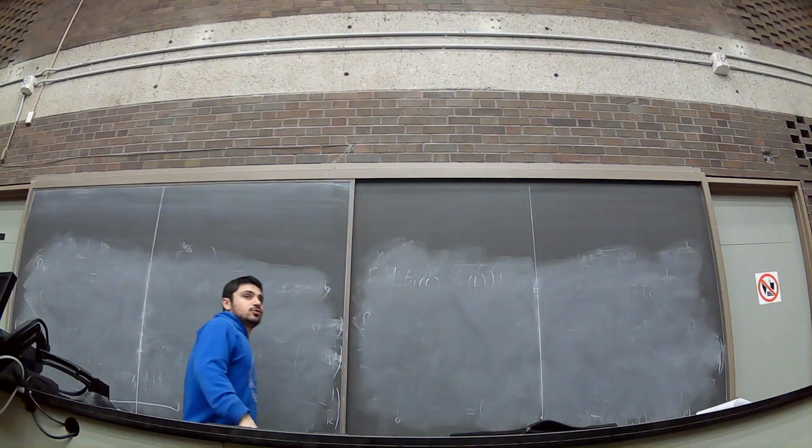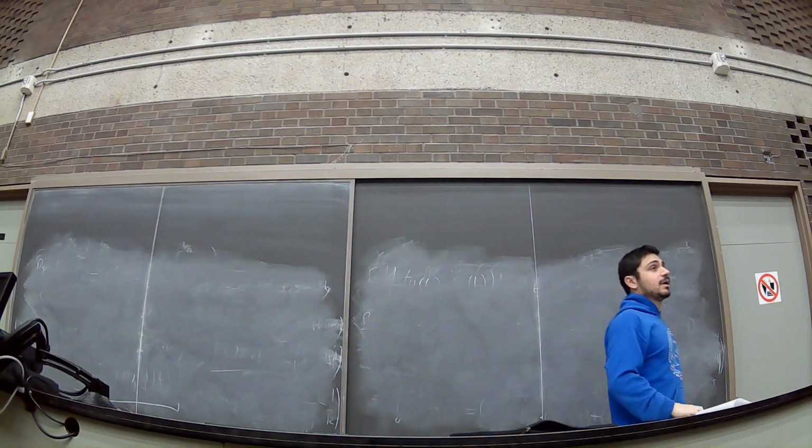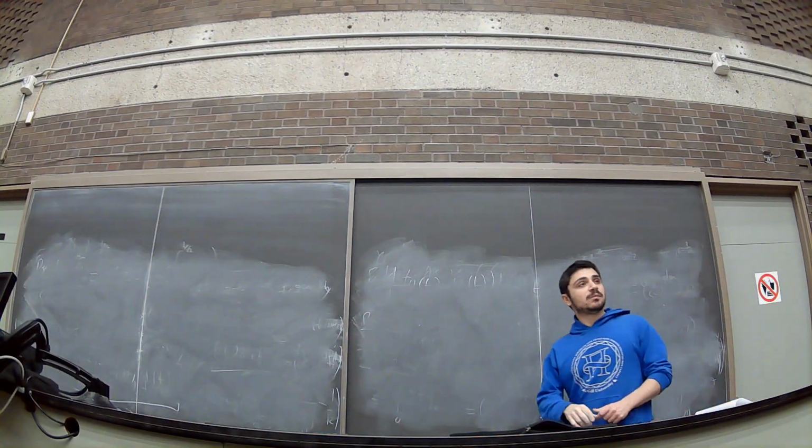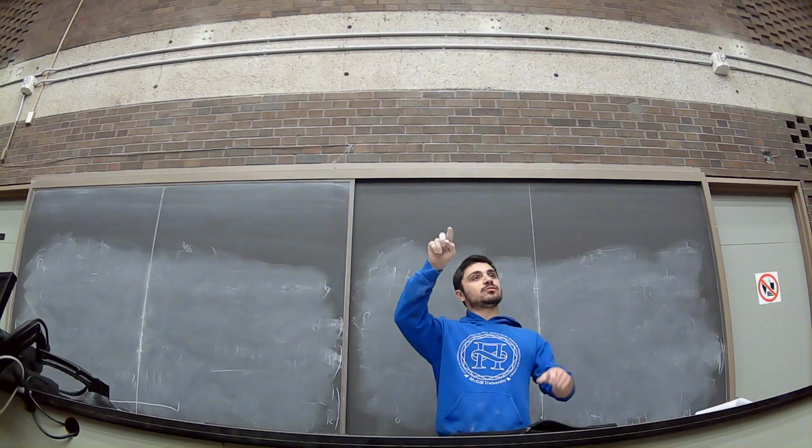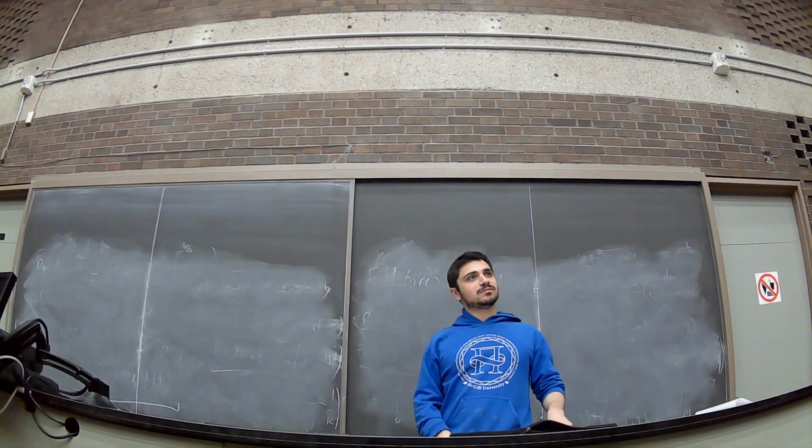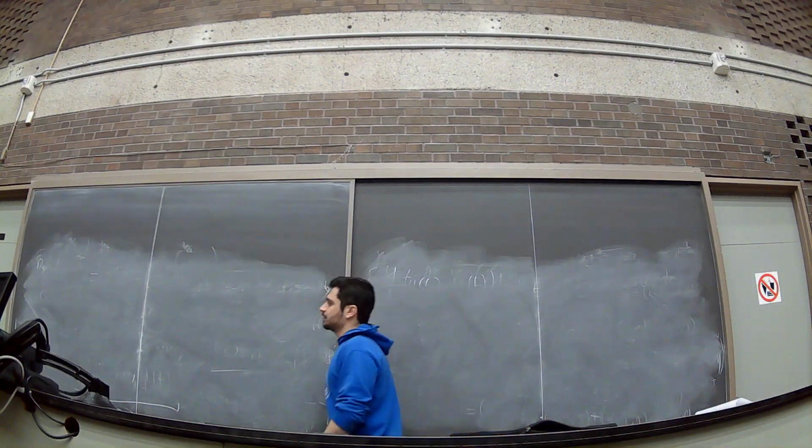Do you remember how you find the length of a curve in Calc 2? You remember how you derive this? You decompose it into small right-angled triangles. This is the motivation behind this.